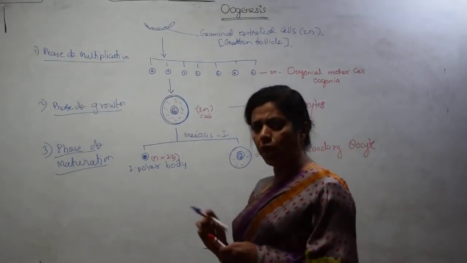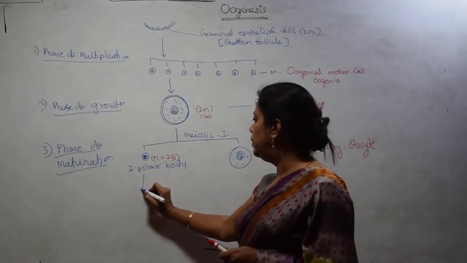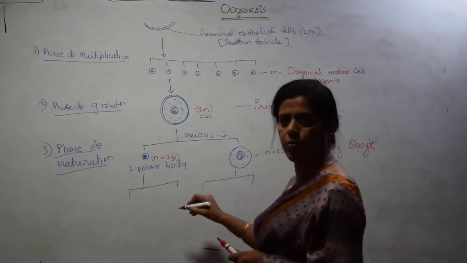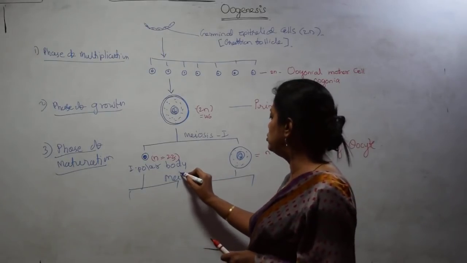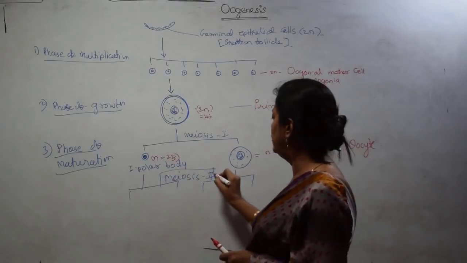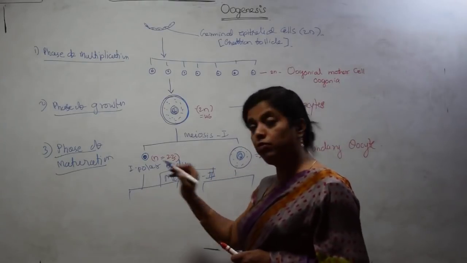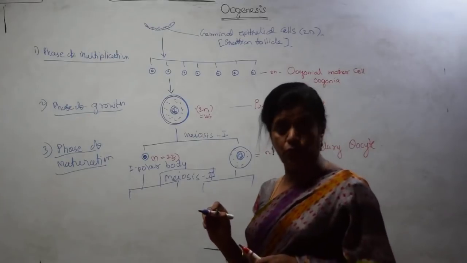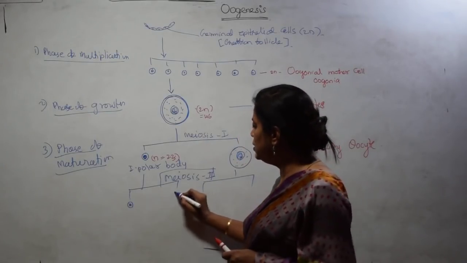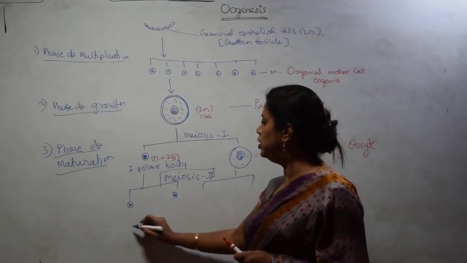Now, another meiosis has to take place. Meiosis 2 will happen here separately, and here together. They undergo meiosis 2. This is the second meiosis, meiosis 2. The first polar body or polocyte will produce two more polocytes. Remember, these are never going to be functional.